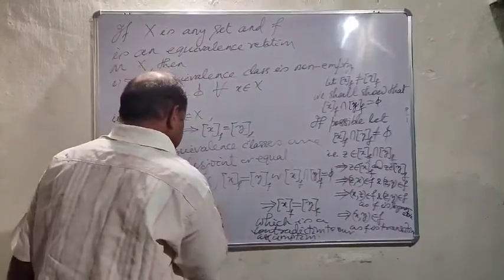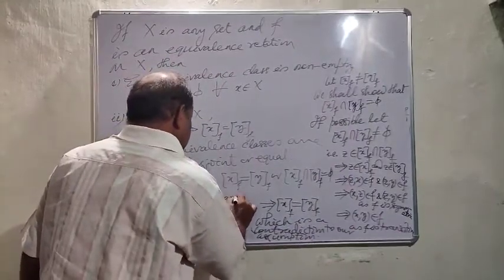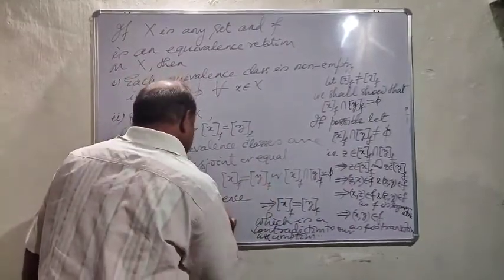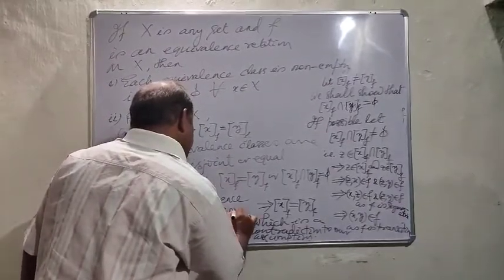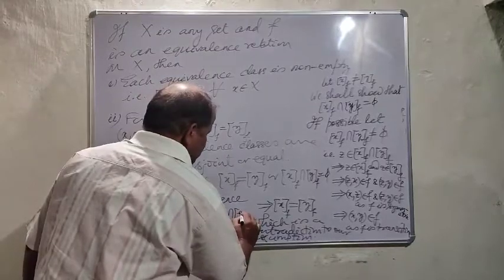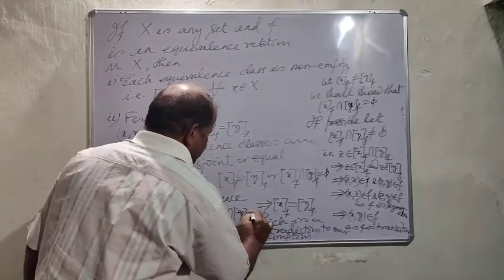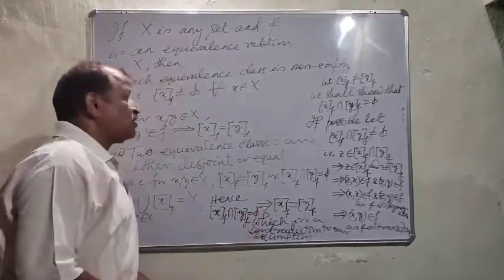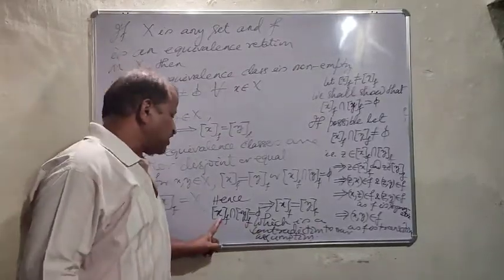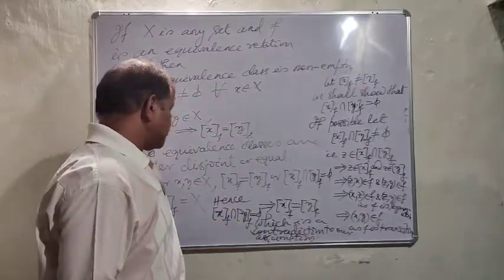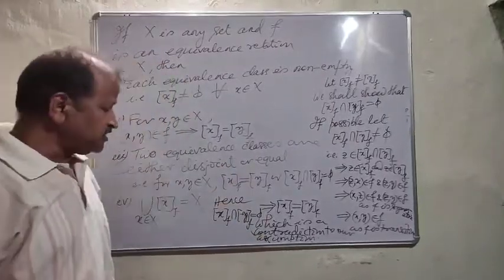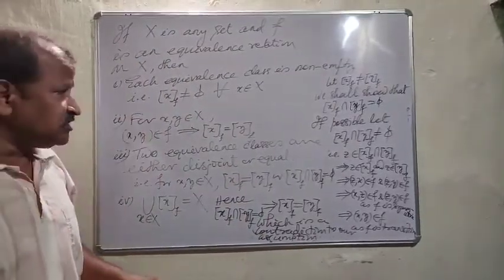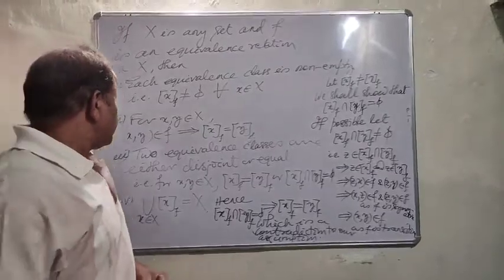Hence, their intersection must be null. The equivalence class of X intersection the equivalence class of Y must be the null set. Means they are two disjoint sets, right? Okay.